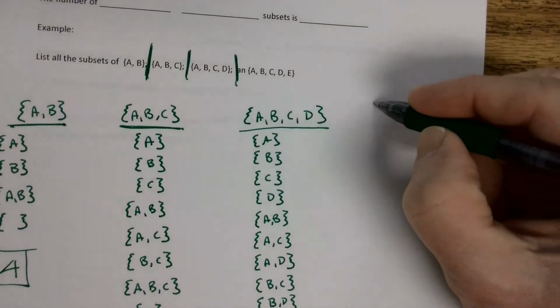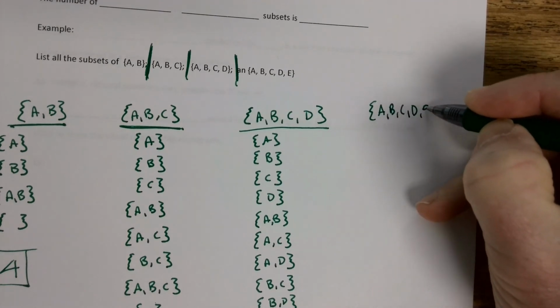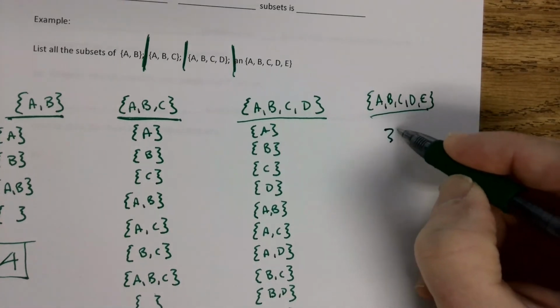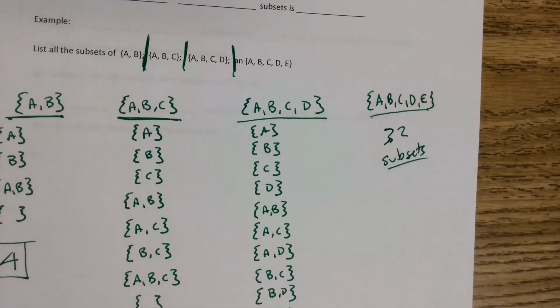Do you want to spend time and do A, B, C, D, E? It would take a lot because there's actually 32 subsets. Okay.